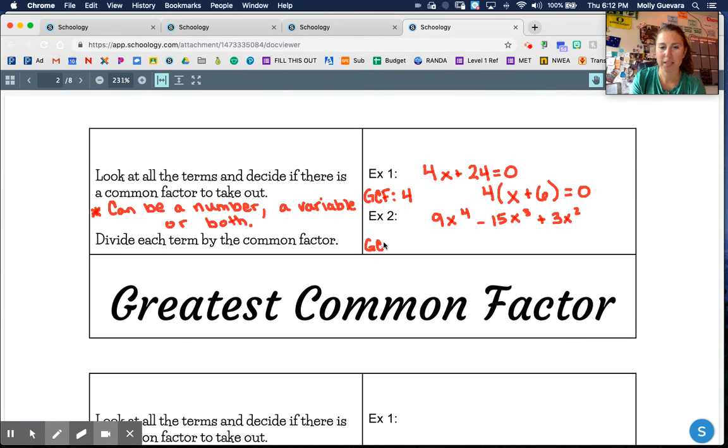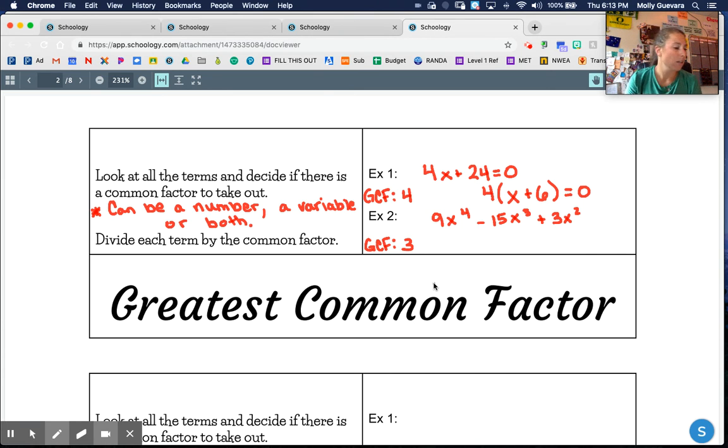My first thing is I need to find my GCF, my greatest common factor. Again, let's look at the numbers first. I have a 9, a negative 15, and a 3. The biggest number that goes into all 3 of those is 3. If there is no number that goes into all 3 of them, that's okay. You can just take out a 1, or you can not take out a 1 and just ignore it, okay? So you don't have to take out a number.